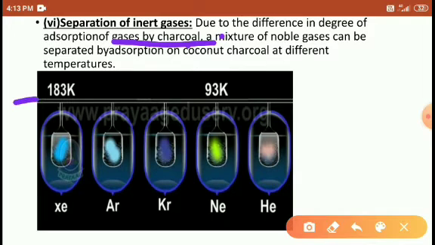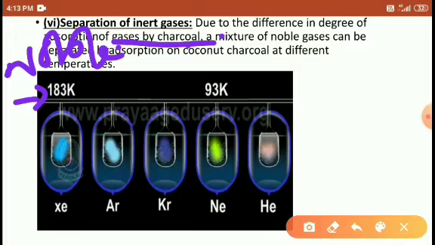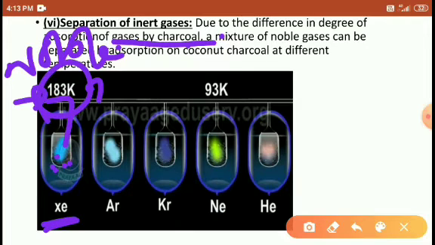Initially we are passing the mixed noble gases. All the gases enter here, but the charcoal powder adsorbs only xenon at this particular temperature. Remaining unadsorbed gas moves to the next chamber.